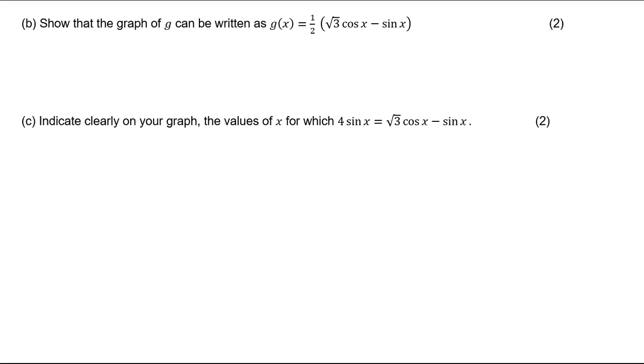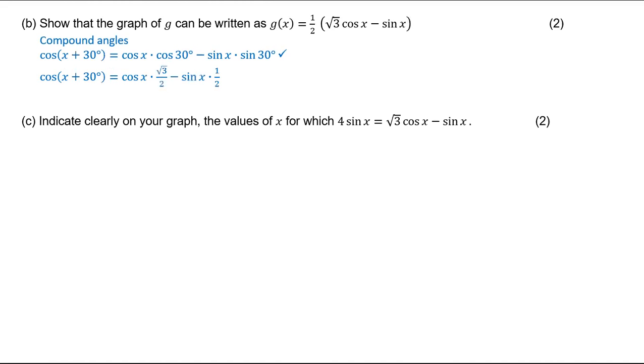All I did was just to write the graph of G as it was given to us. And I just expanded it. And when I expanded it, this is what I got using compound angles. And cos of 30 gave me square root of 3 over 2, and sine of 30 gave me 1 over 2. And all I did was just to take half as a common factor, and voila, that's what I got.